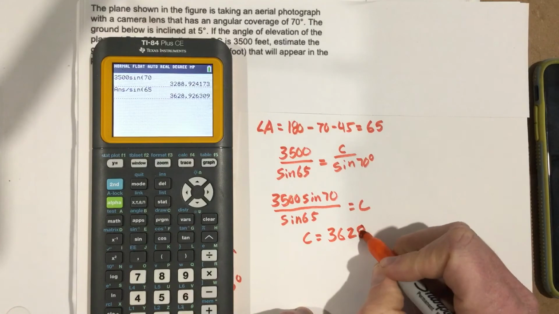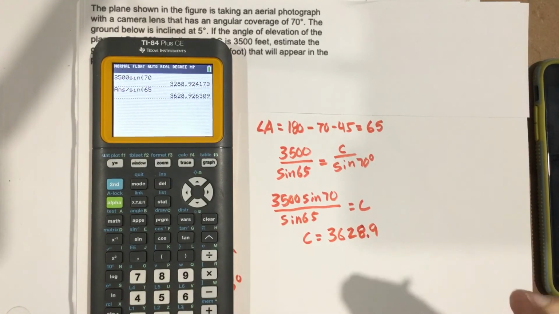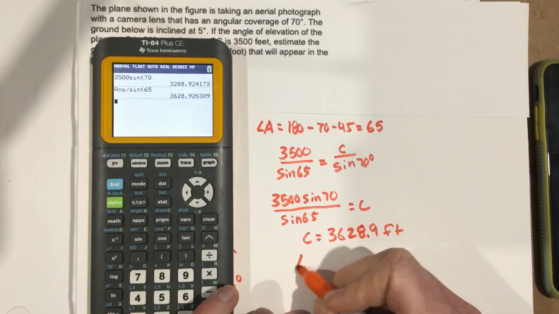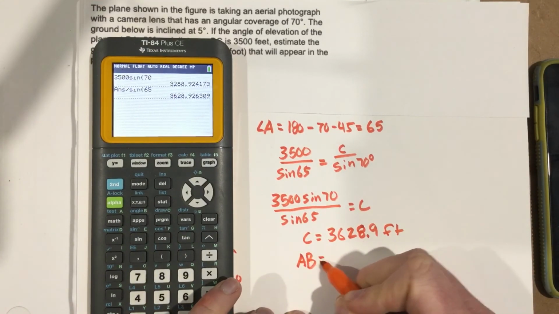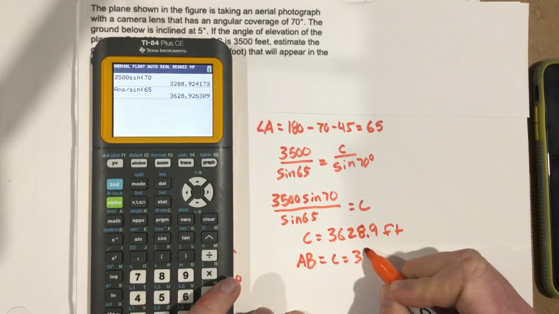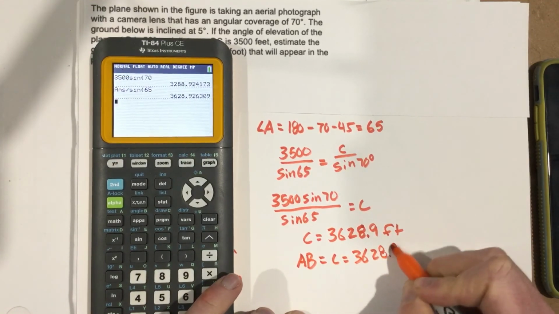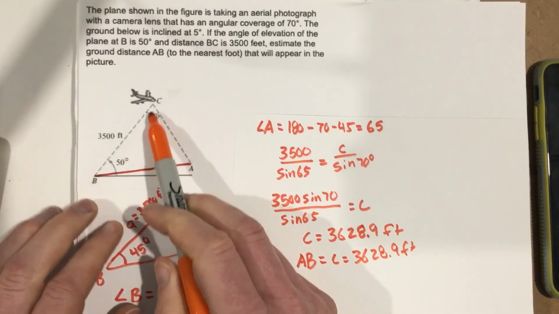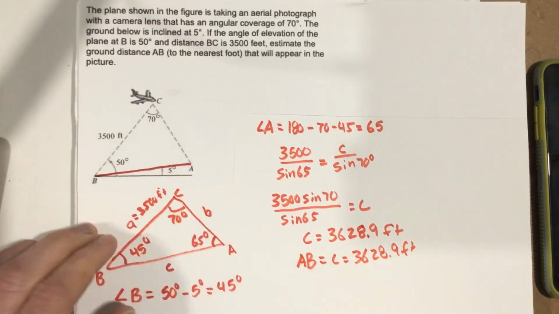Well, let's go 28.9 in case they want us to round to a tenth, and that's feet. And this is for the AB. Remember, AB is c, which is this 3,628.9 feet. So the amount of coverage on the ground that I'm getting when I take this photograph is actually 3,628 feet.